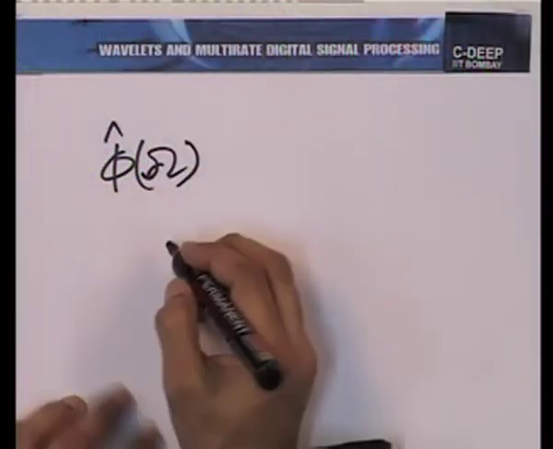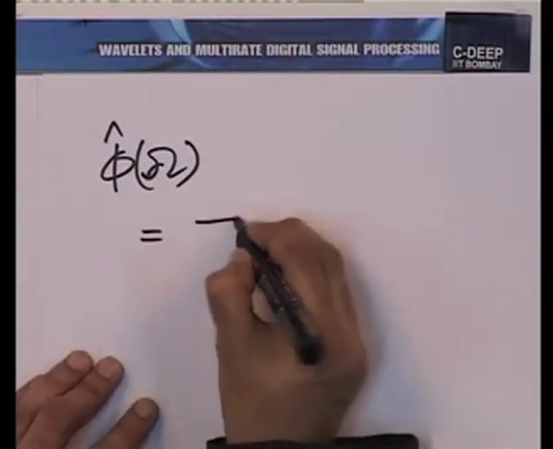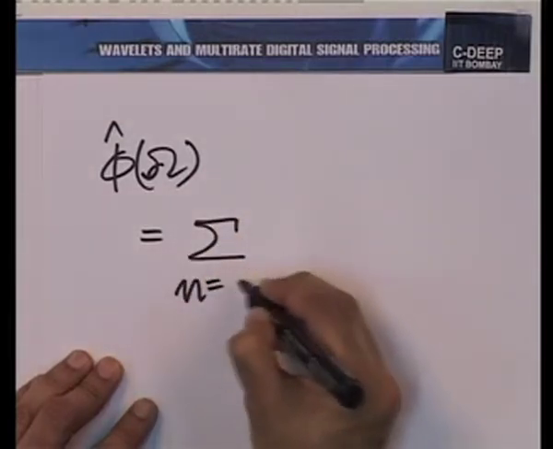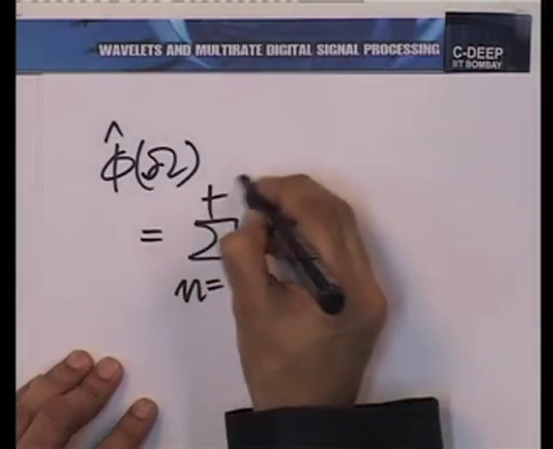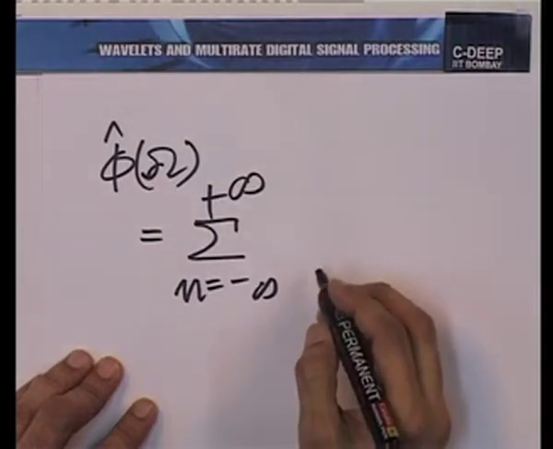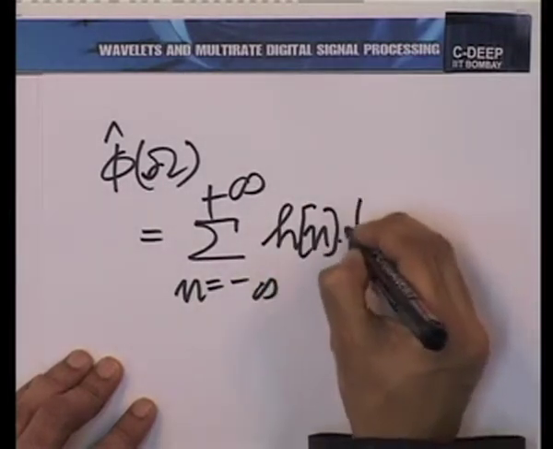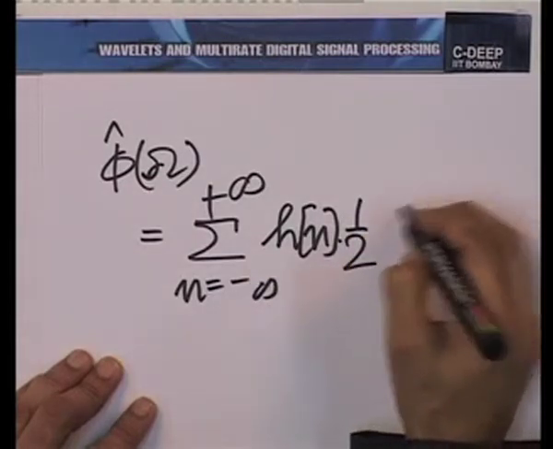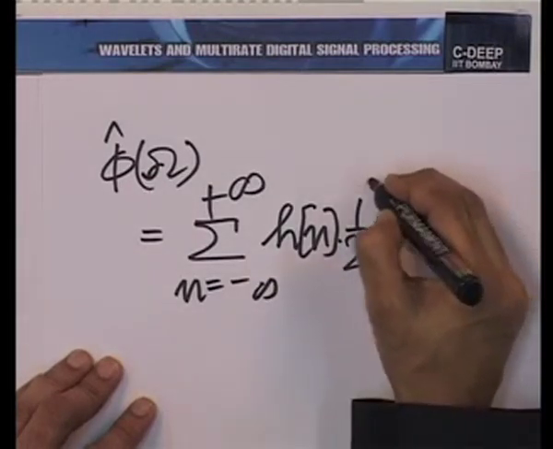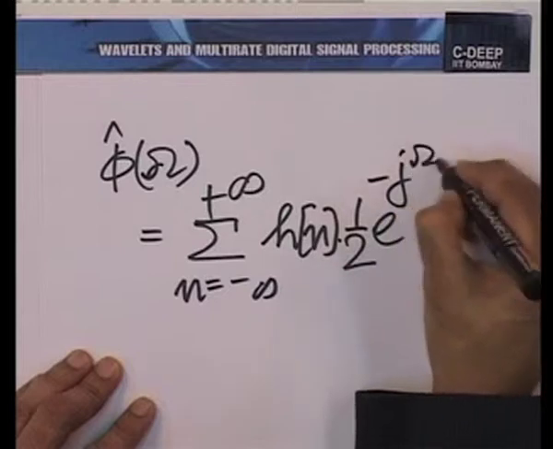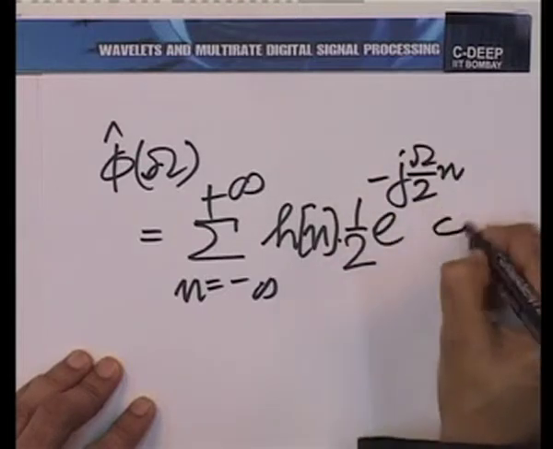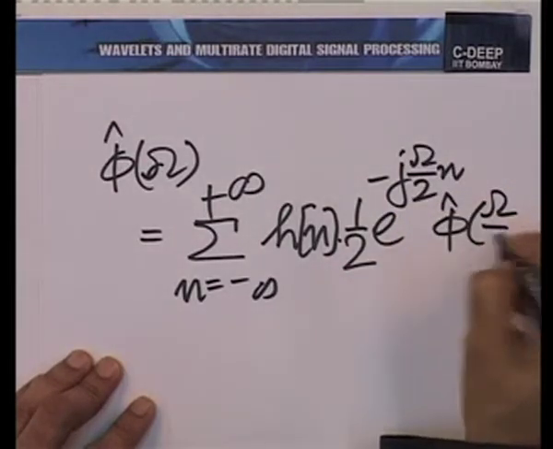That dilation equation is phi cap omega is the summation n going from minus to plus infinity h n times half e raised to the power minus j omega by 2 n times phi cap omega by 2.